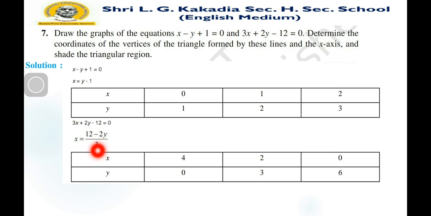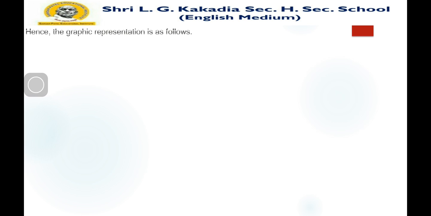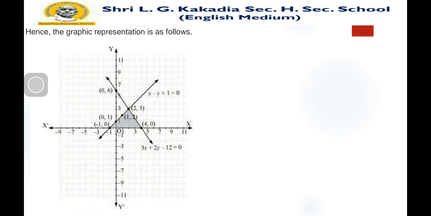Here also we can find the table as given here for the coordinates of the second line. Now let me draw the graph and we find the vertices of the triangle. Hence the graphical representation is as follows.